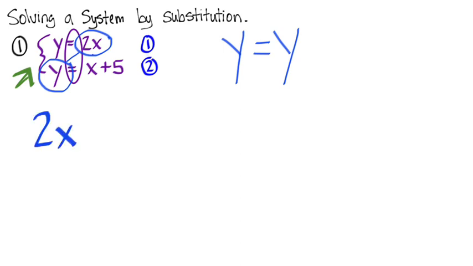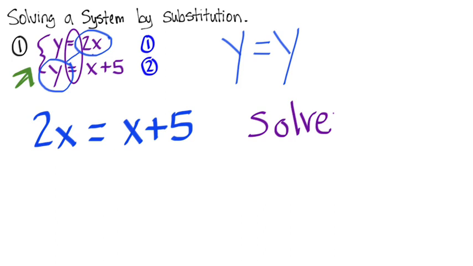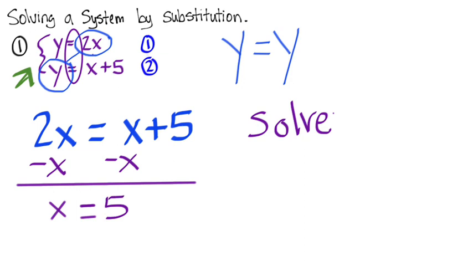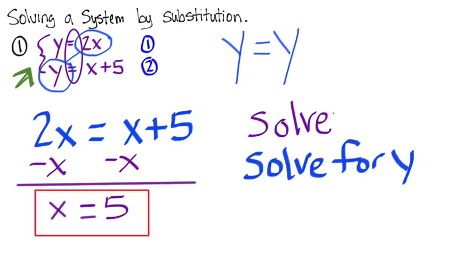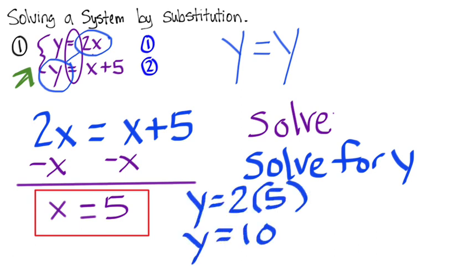So to solve for this, I can say 2x equals x plus 5. And now, because I only have one variable, I can solve this system. I can subtract x from both sides and get x equals 5. Once I know what x equals, I can now solve for the y, because it says that y equals 2x. So that means that x is 5 and 2 times 5 is 10. So the one shared solution would be the point (5, 10).